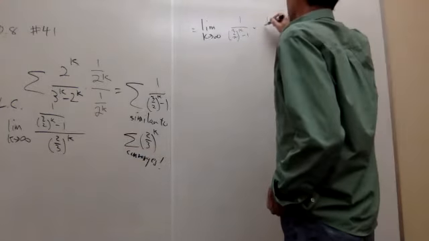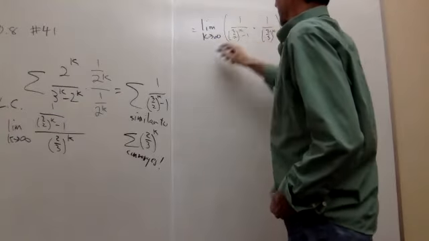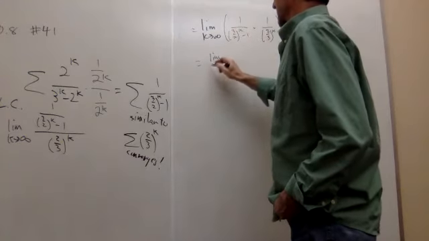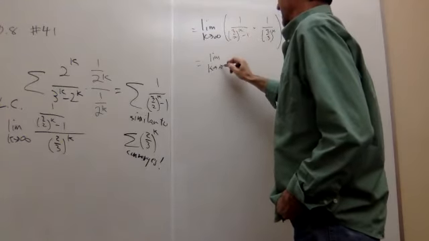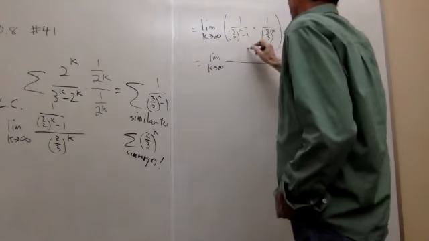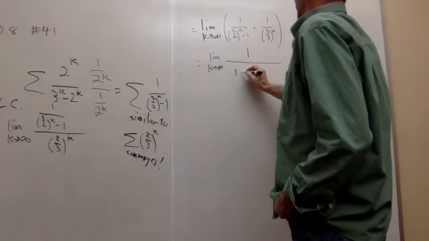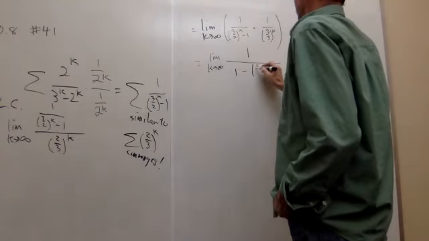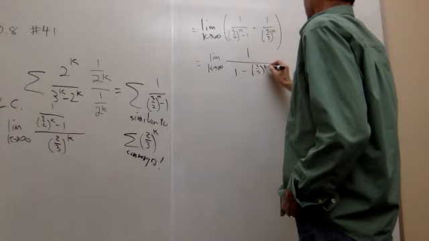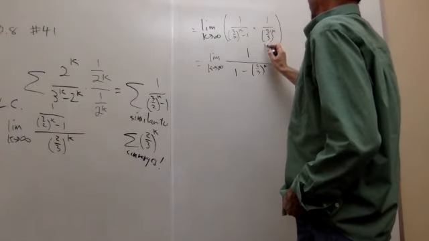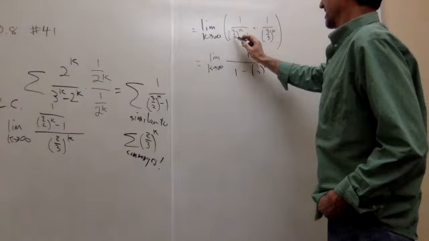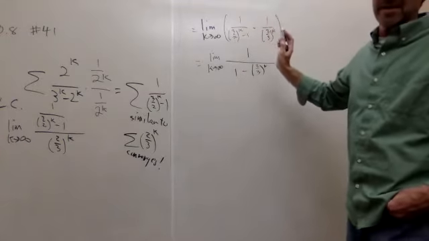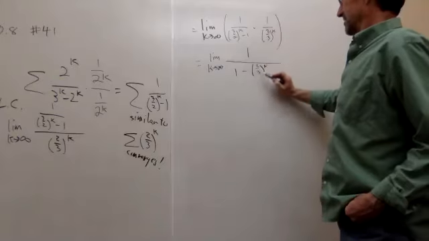So 1 over 3/3 to the k, which is the limit as k goes to infinity of 1 over, if you distribute this, we get 1 minus 2/3 to the k. Those guys cancel out, 2/3 times 3/2, and this guy survives.